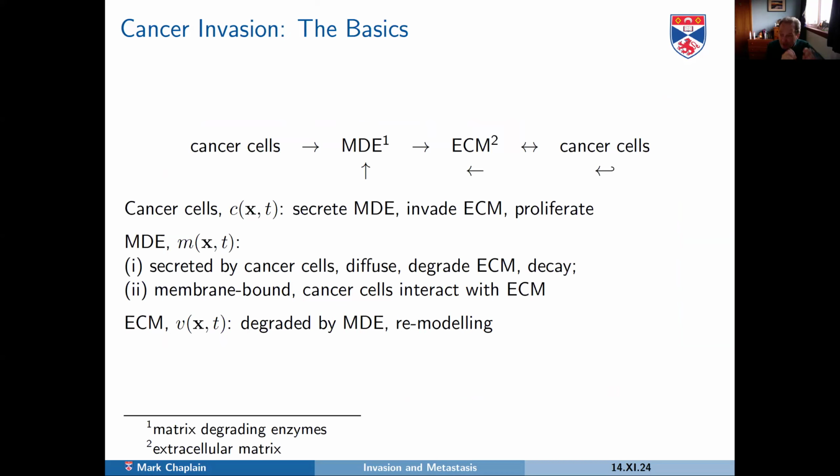We have three main variables to focus on if we want to develop a mathematical model: the cancer cells, the matrix degrading enzymes, which are secreted and degrade the matrix, and the matrix, with which the cancer cells interact through haptotaxis or proliferation into the gaps. So our three variables for a basic mathematical model are cancer cell density C, matrix degrading enzyme concentration M, and extracellular matrix concentration V.